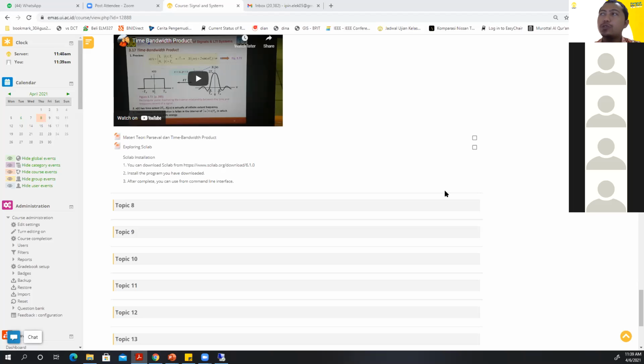This group work is actually improving the skill of using software, not analytically. But the UTS is analytical, though you can use Scilab to check the answer, something like that.